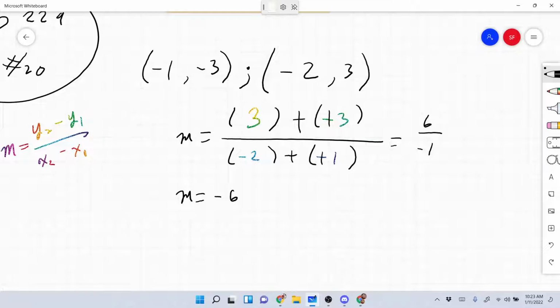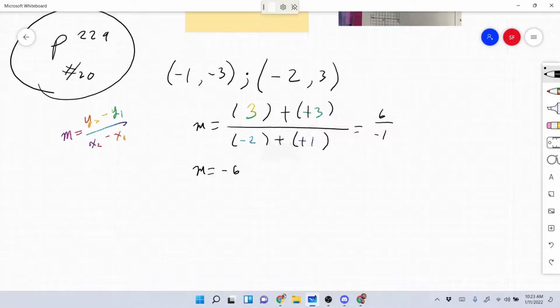Now what do we need to do? We need to put it in and do the slope-intercept equation. Okay. So where are we going to plug this -6? Plug it in for m. Sounds like a good idea. Right there. What are we going to plug in for y and x?